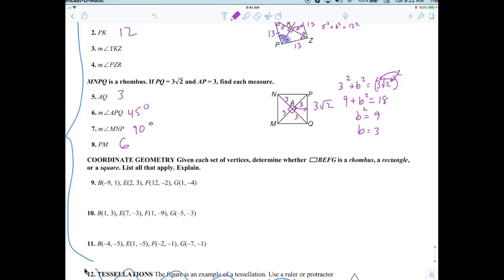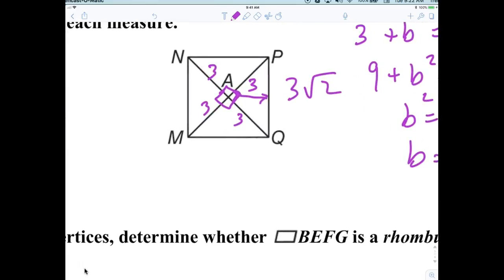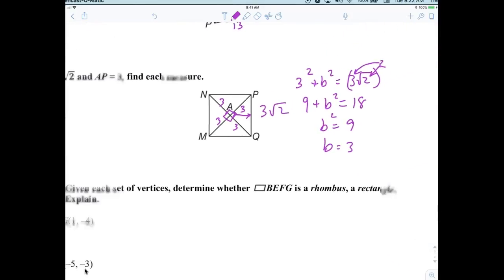Yes, quickly. Why is it 45? Half of 90. You see it or not? Half of 90. It's a square. We've determined that it's a square. Got it. All right? So the diagonals of a rhombus bisect the angle.